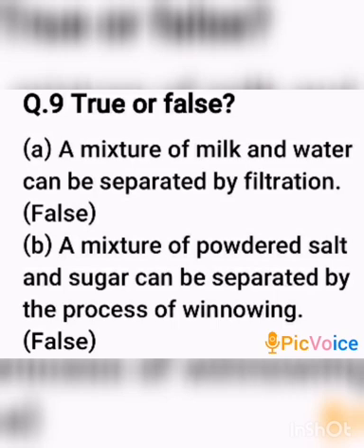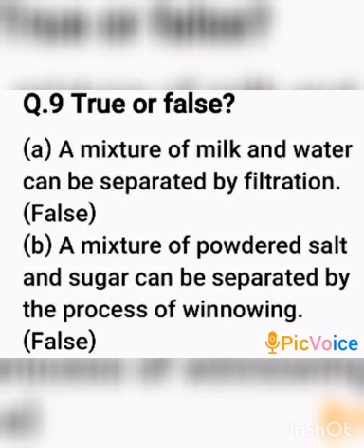A. A mixture of milk and water can be separated by filtration. Is it a true statement, children? No. We cannot separate milk and water by filtration process. So, A is a false one.